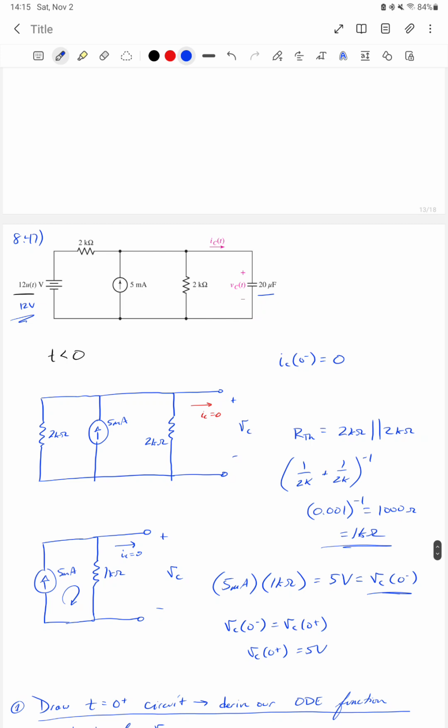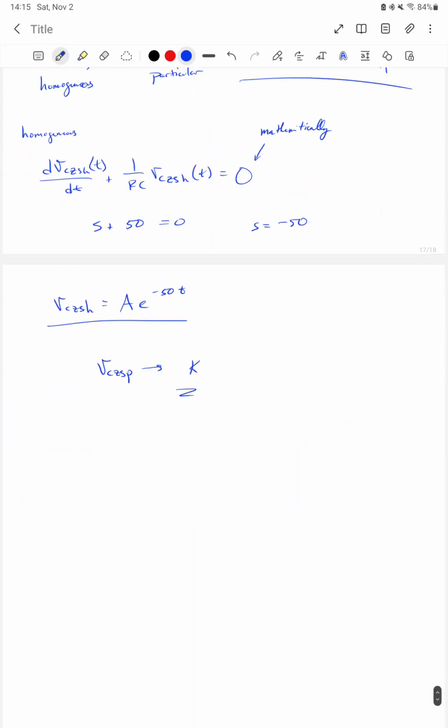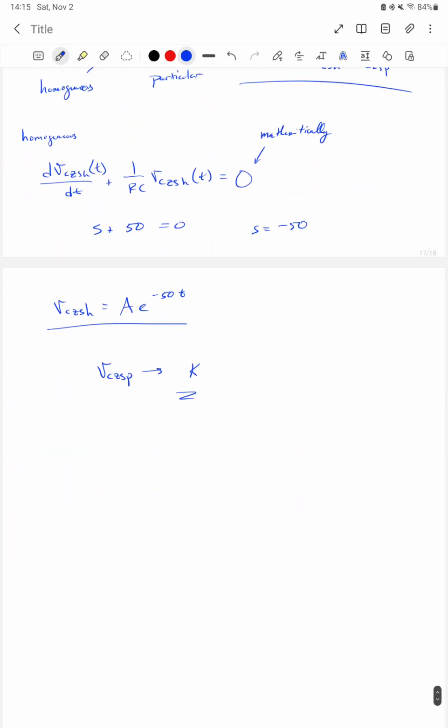You don't have anything here that's varying with time, right? After 0 plus, this is 12 volts. After 0 plus, that's 5 milliamps. So those are just constants. You're not changing with time at any point, which means you're just going to have some sort of constant is what your final value is going to be for the particular solution.